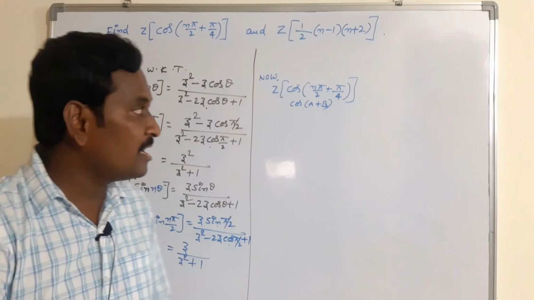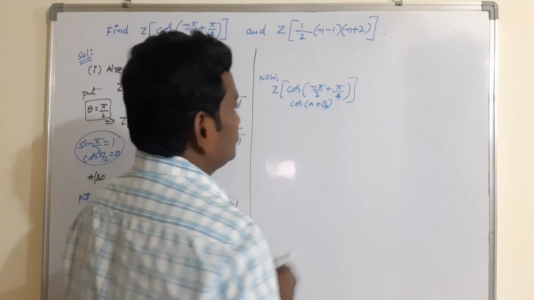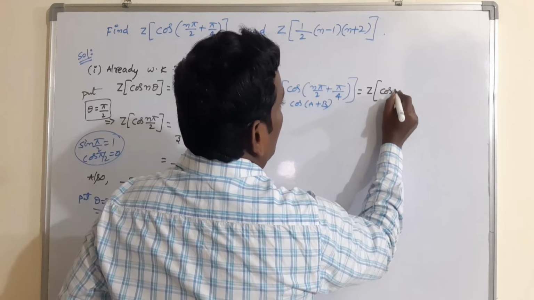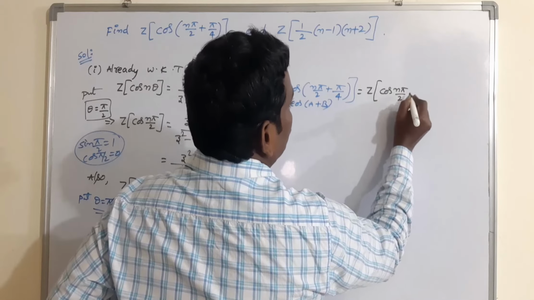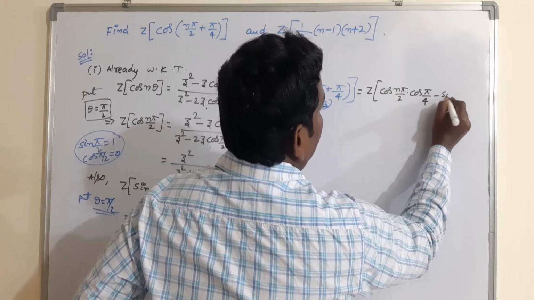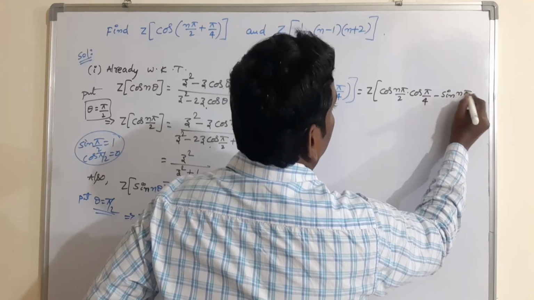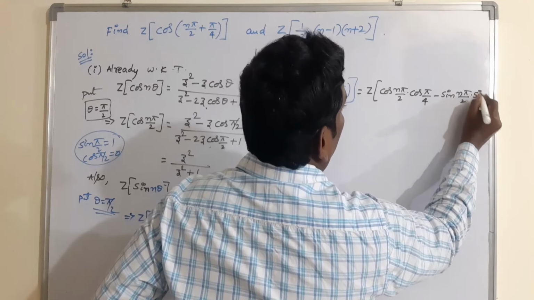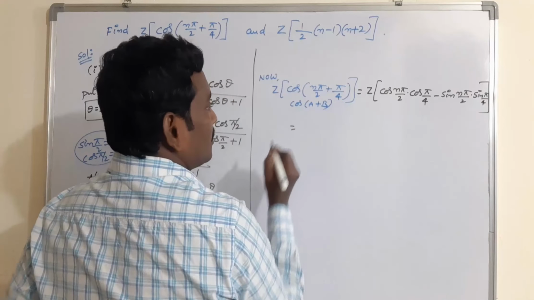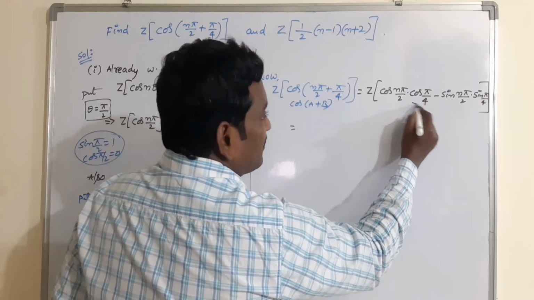According to that formula, I will write this one as Z transformation of cos n pi by 2 into cos pi by 4 minus sin n pi by 2 into sin pi by 4. Close the bracket. So what is cos pi by 4?